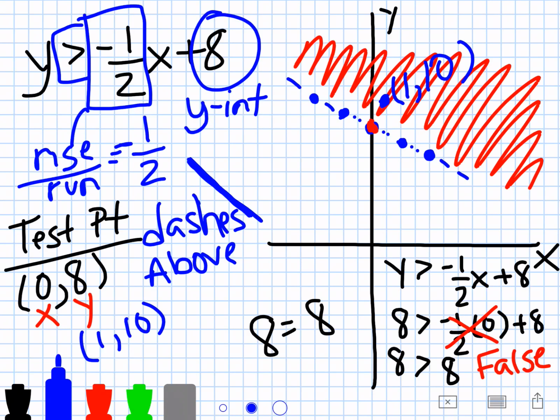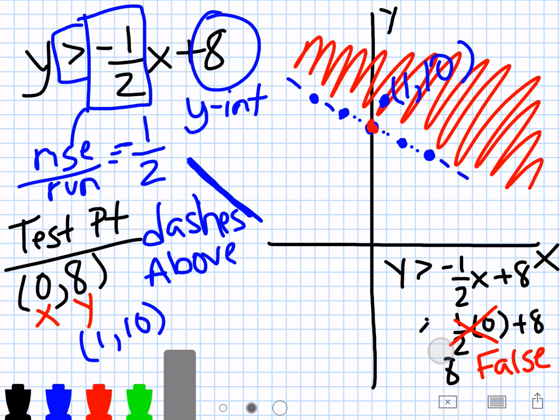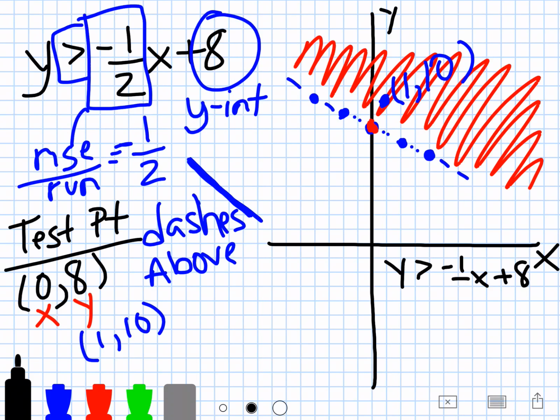If I go over here to my original problem and use the substitution method, wherever I see y, I'm going to substitute it with 10, because that is my test point. 10 is my test point for my y and 1 is my test point for my x.